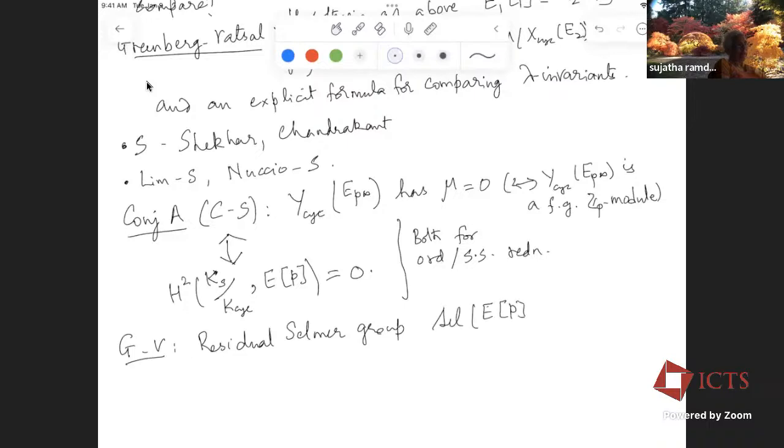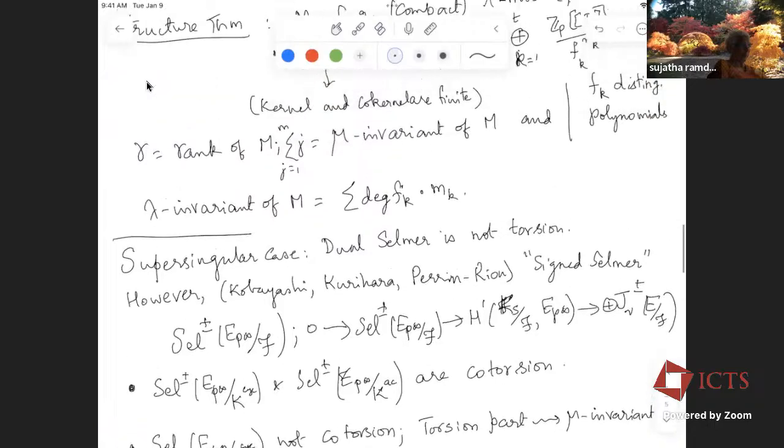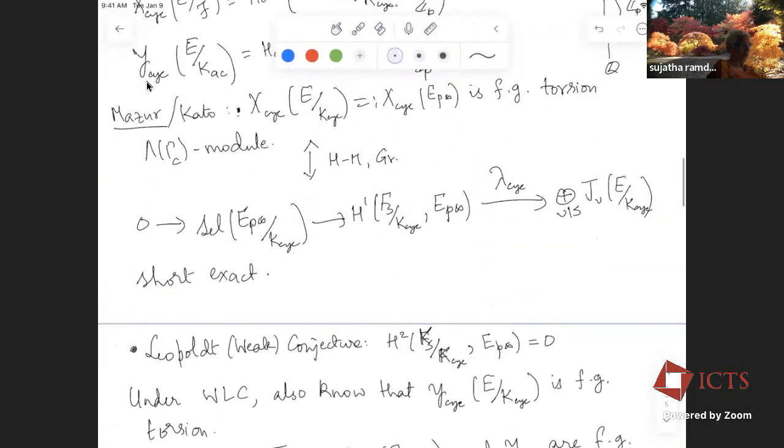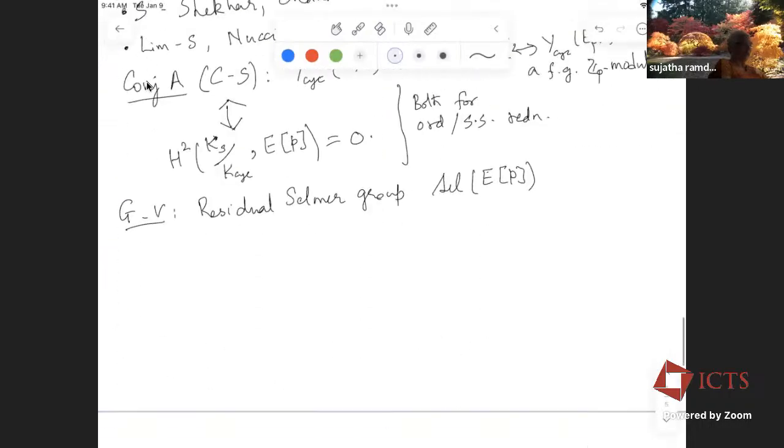Remember there was this defining exact sequence for the Selmer group. So here, instead of taking the full divisible part, E[p^∞], you just take E[p]. So you can introduce the residual Selmer group, and then they work with an imprimitive Selmer group.